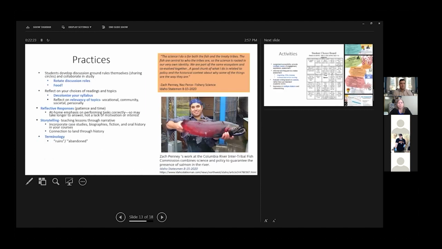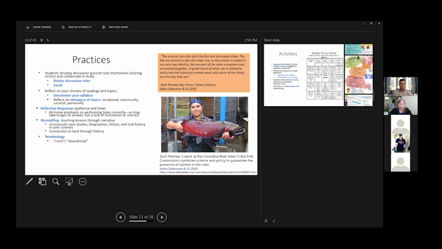So some things that I've used incorporate really all students. Have students develop their own discussion rules. One of the first things I do is have them get together and talk about what a good discussion is, what a bad discussion is, what you do if you're afraid to talk in class, and what the rules should be for discussion in general.